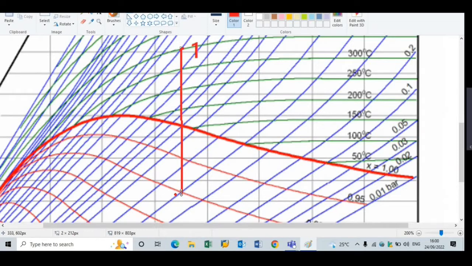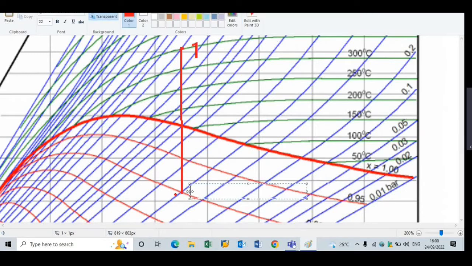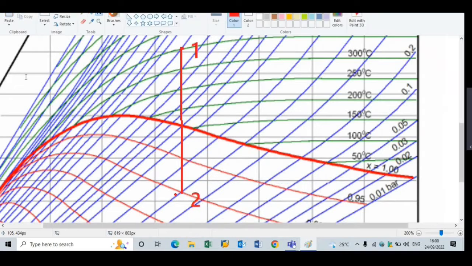So here is the point of intersection. Now this point of intersection is known as point 2, because after the isentropic expansion, this is the final condition of the steam.